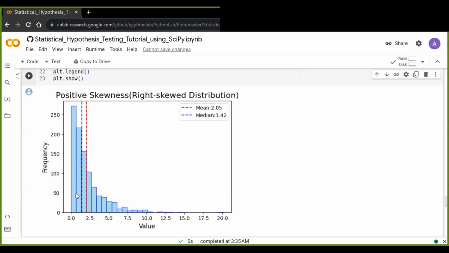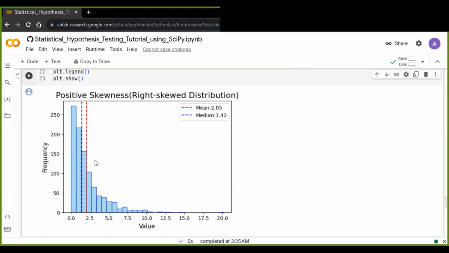And the other comparison to understand that this is a positive skewness or right-skewed distribution is that the mean is typically greater than the median. Yes, here the mean is 2.05 and the median is 1.42. So according to that, the mean is greater than the median. So this means that it is a positive skewness, a right-skewed distribution.